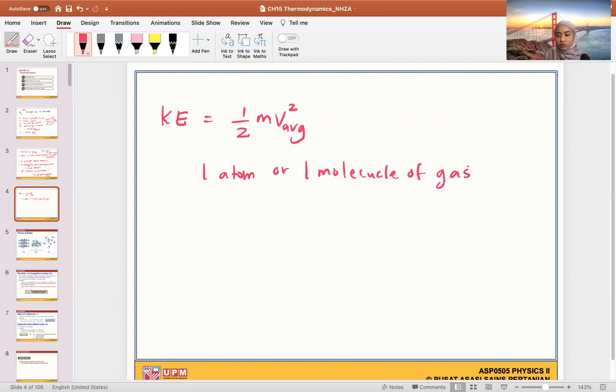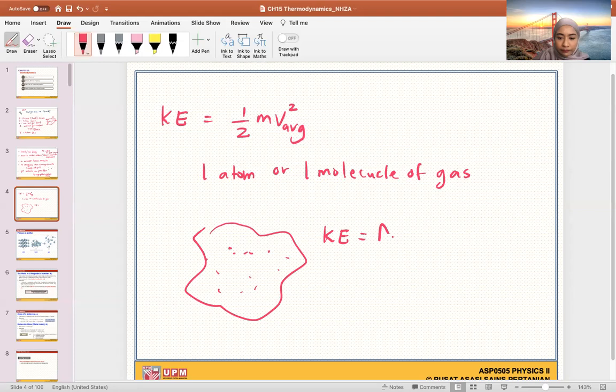So when we want to find out the kinetic energy of a system of gas, maksudnya ada banyak lah kan? A lot of molecules. So what is the total kinetic energy? It becomes KE equals N times 1/2 m v average squared. Basically you times the kinetic energy of one atom or one molecule with the number of molecules in the gas system.